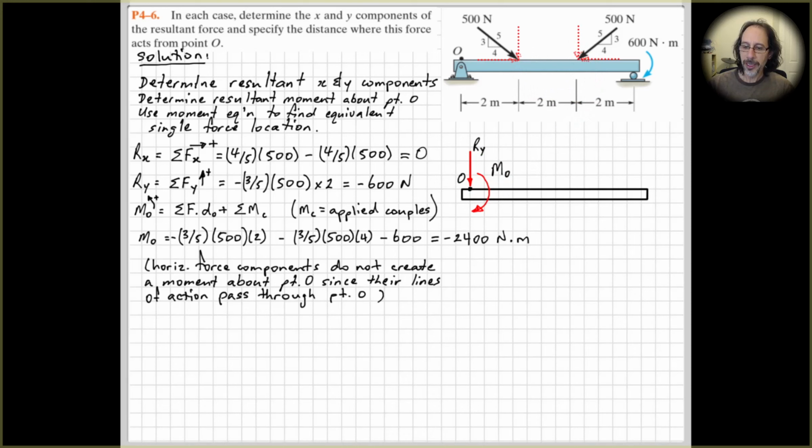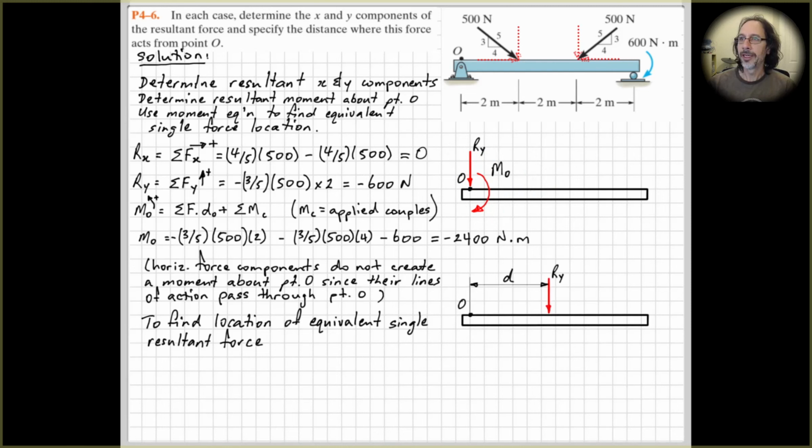All right, so the next part of the problem was to find the location of just a single force. We now want to find an equivalent single force that has the same external effect on the body as this force and this moment. If we're going to put a single force somewhere, for it to be equivalent to this force and this moment, it'll need to be out to the right somewhere.